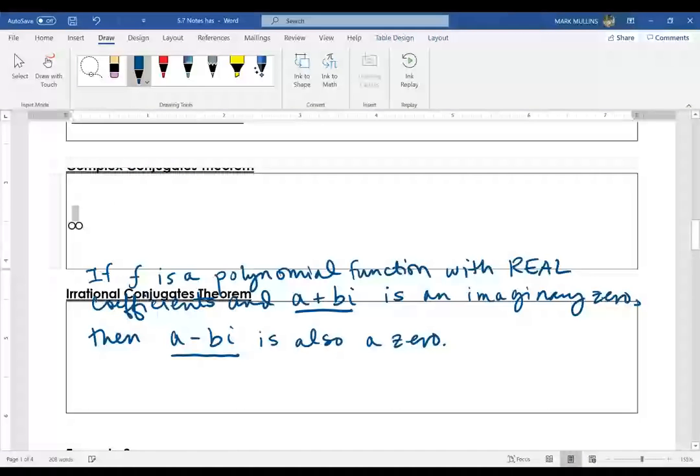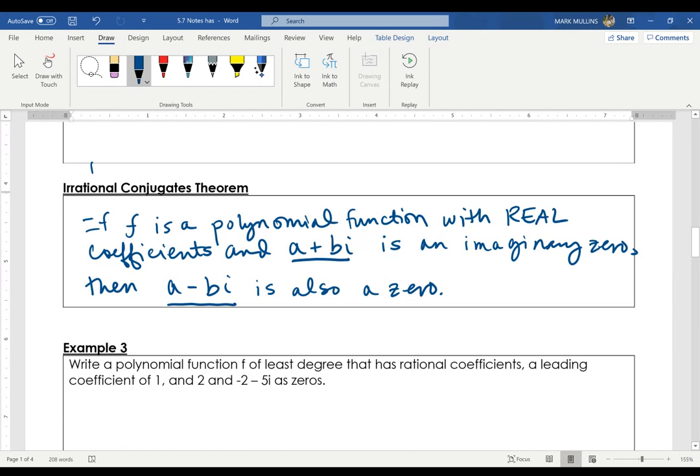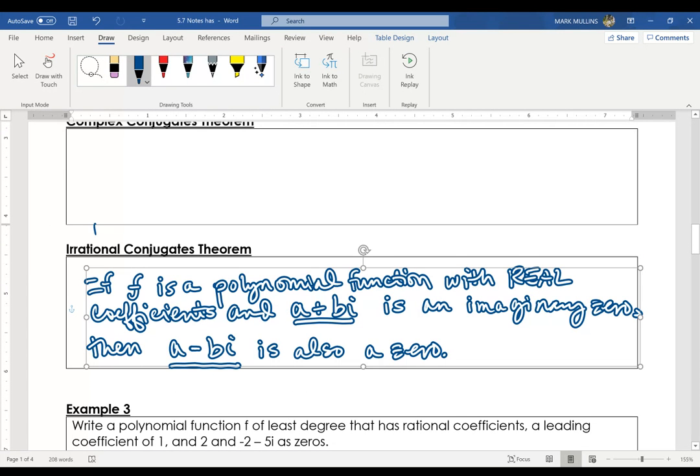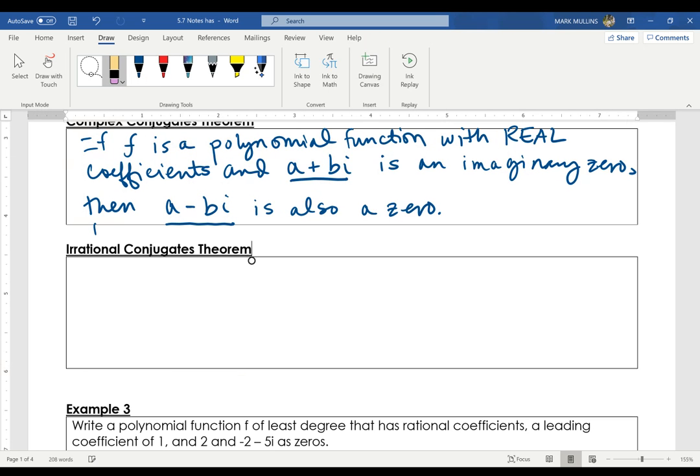The next one is the irrational conjugates theorem. I have no idea how that got there. So I'm just going to delete it, which could be bad, but maybe I can move it. Okay. So the irrational conjugates theorem is talking about irrational numbers that would be like square roots that go on and on forever, pi, stuff like that. So in this case, we're talking about square roots.